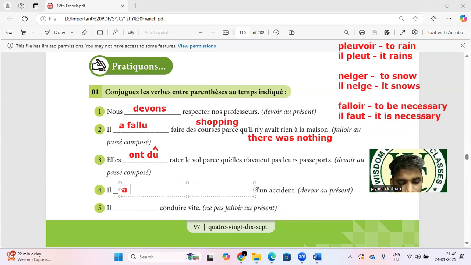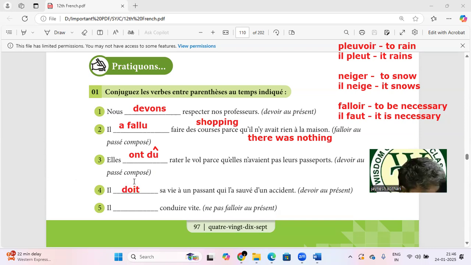Next is il a dû. No, the one in present tense, sorry, doit. He owes his life. He owes his life to a passerby who saved him from an accident. Who saved him from an accident, okay?